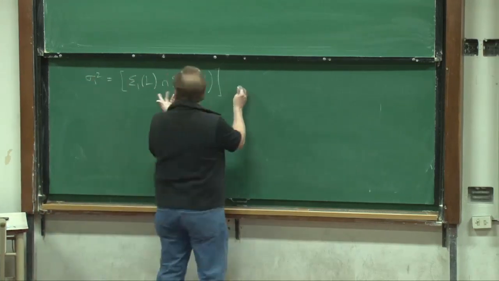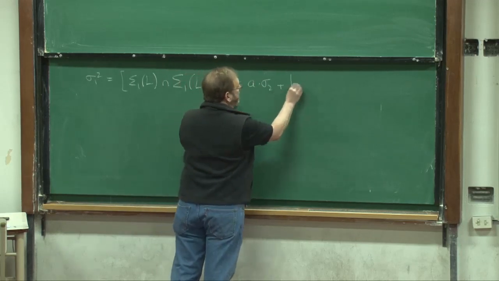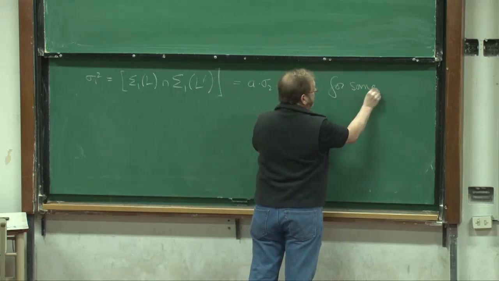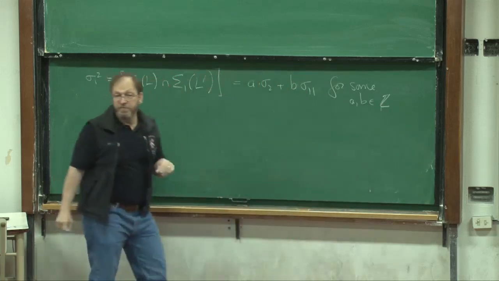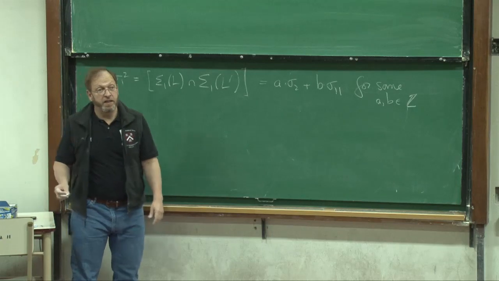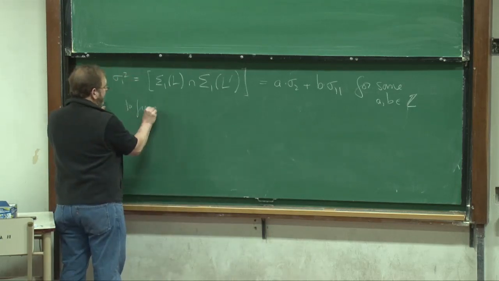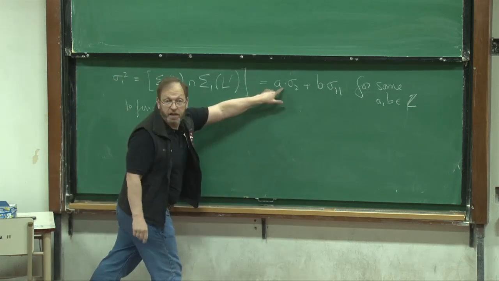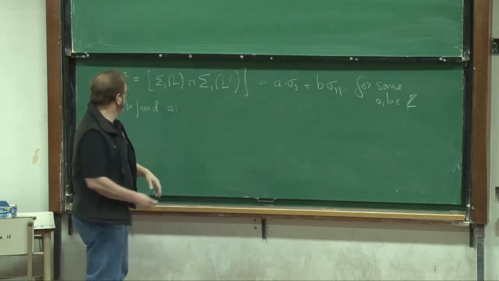In other words, we can necessarily write this as A times sigma 2 plus B times sigma 1,1 for some pair of integers, A and B. The question is simply, what are the integers A and B? And to find, let's say, for example, A, we take this equality and we intersect on both sides with the cycle sigma 2.